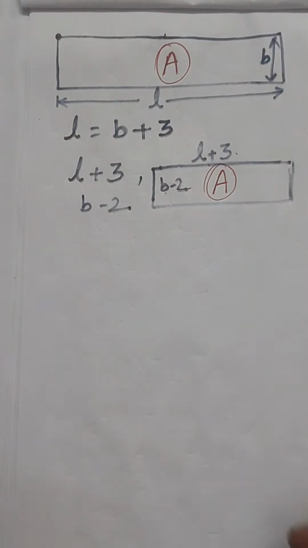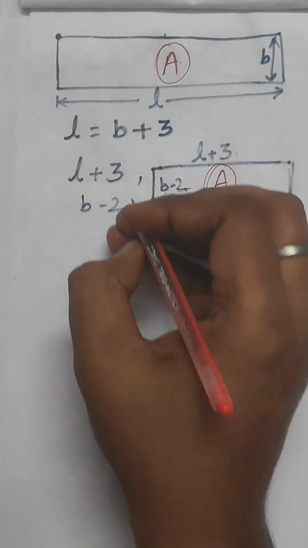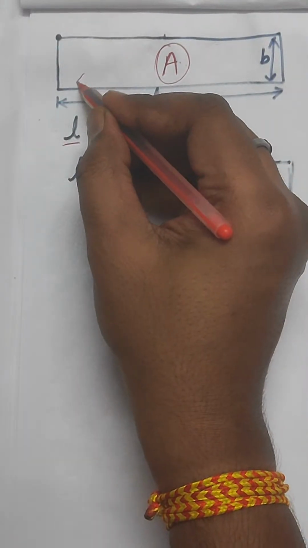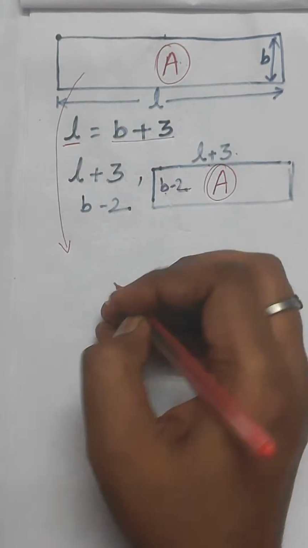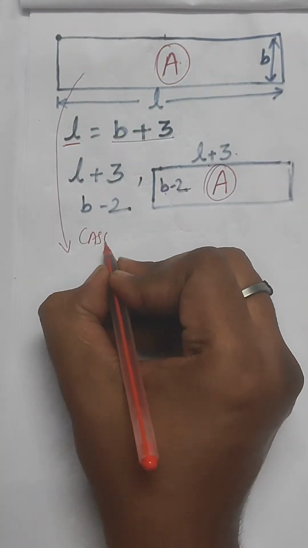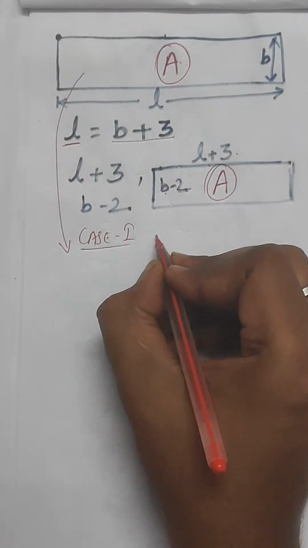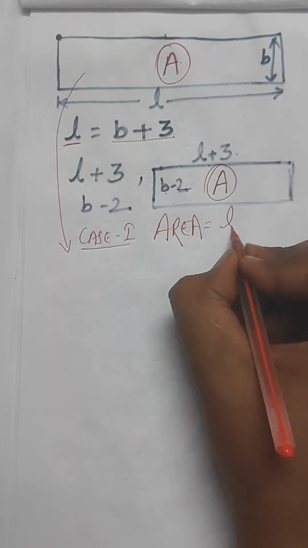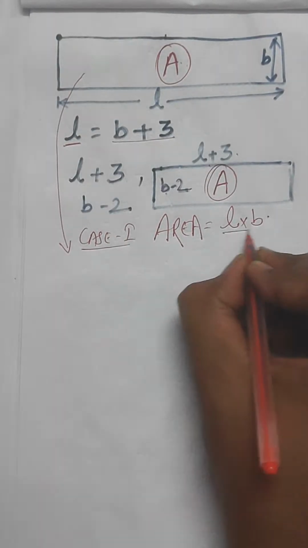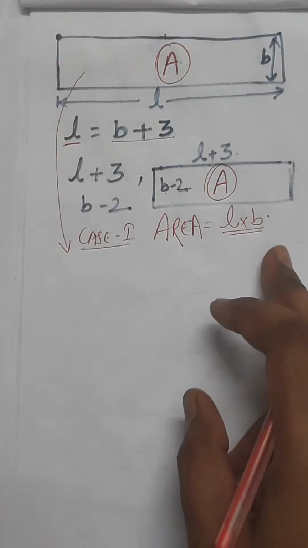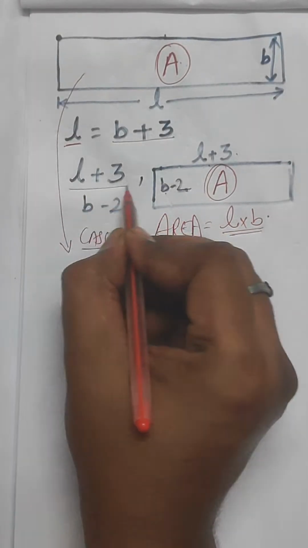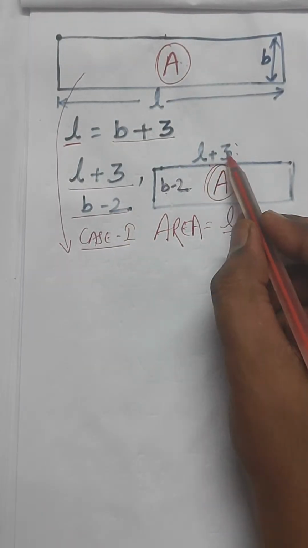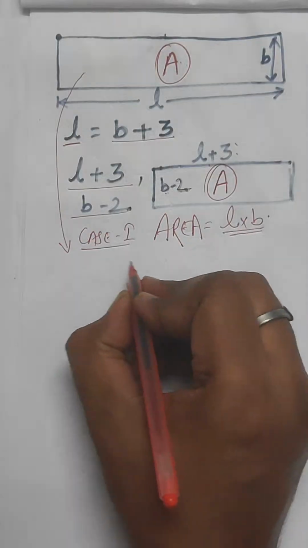In case 1, the area is equal to L into B. And in the second case, when length is increased by 3 and breadth decreased by 2, the area will be L plus 3 into B minus 2.